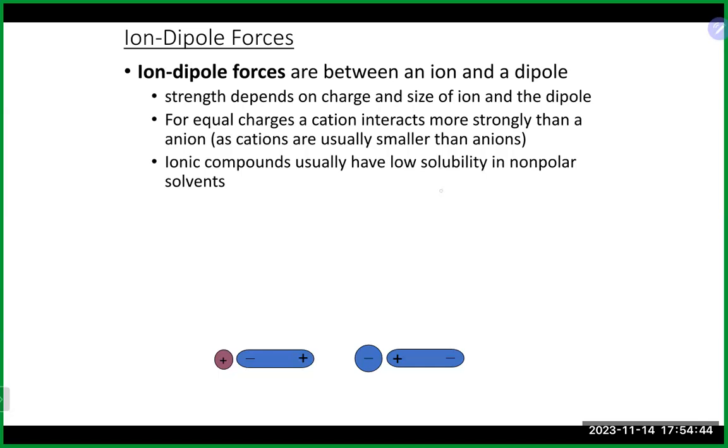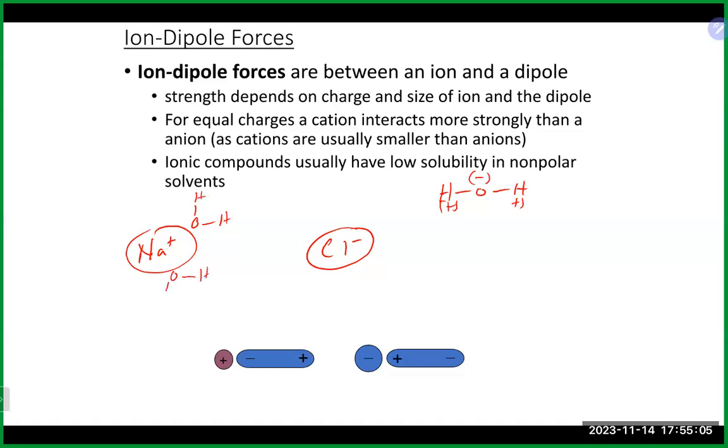Water, again, is polar, which means it has a dipole moment. And when you dissolve something, say sodium chloride in water, you have your two ions. Water works really well with that because the negative side of water is able to surround the positive ion, while the positive side of water is able to surround the negative ion.